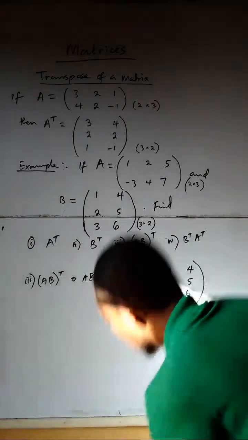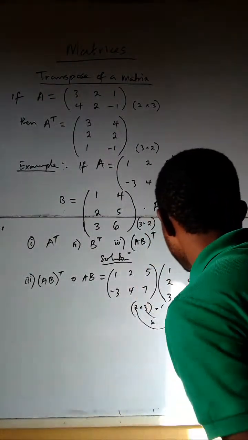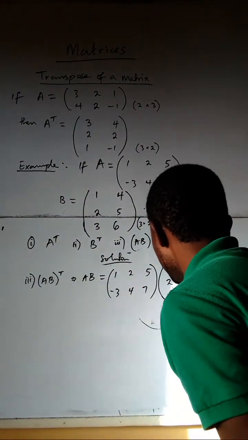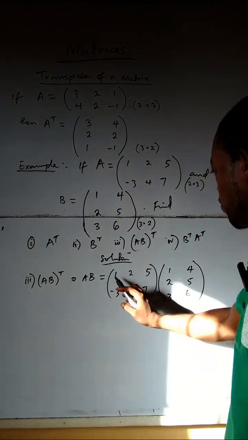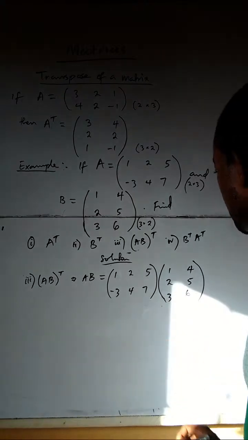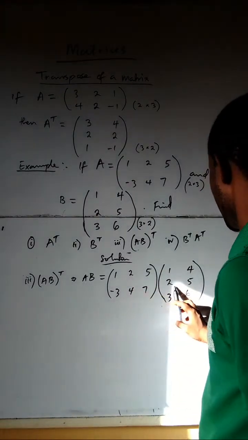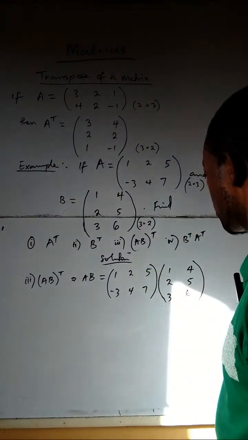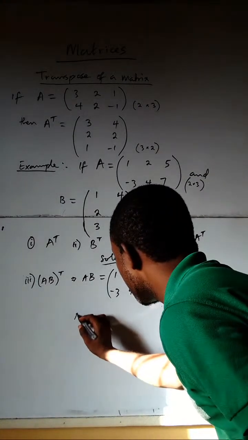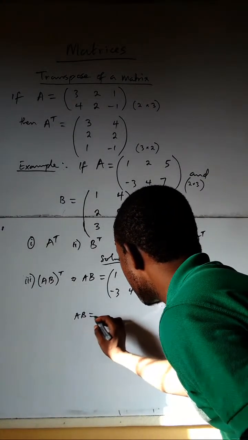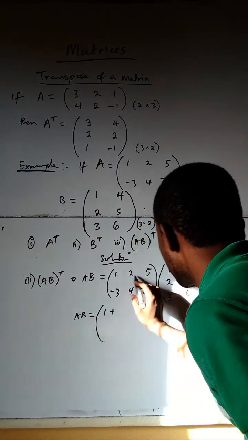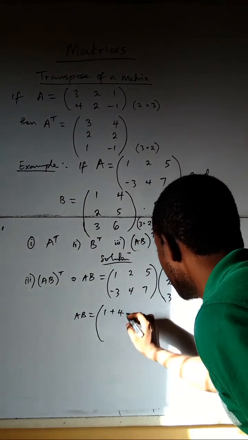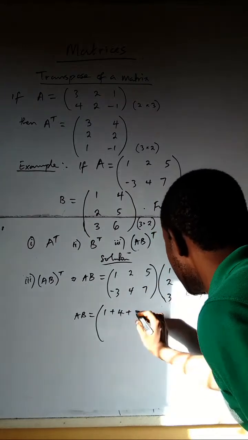Now, when we multiply here, we use the row here to take care of these 2 columns. That is, the first number, we multiply the first number. The second, we multiply the second. The third, we multiply the third. Then we add it together. Then A times B now equals 1 times 1, that's 1, plus 2 times 2, that's 4, then plus 5 times 3, that's 15.